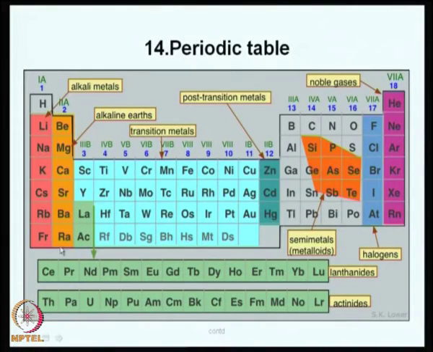So, with this structure in our mind, let us go and take a look at how electromagnetic radiation interacts with these metals.